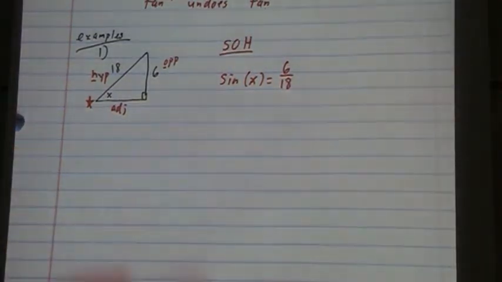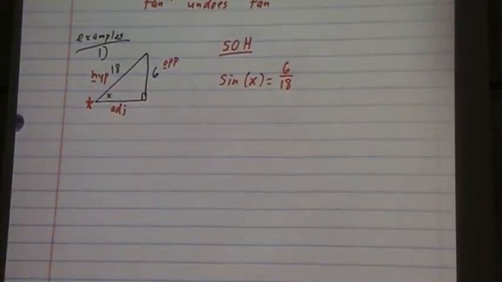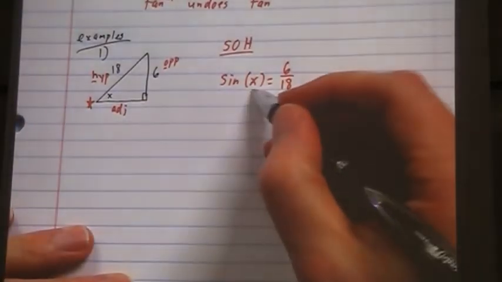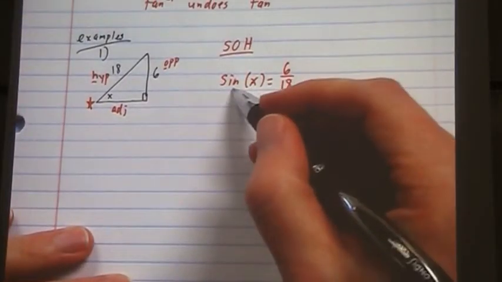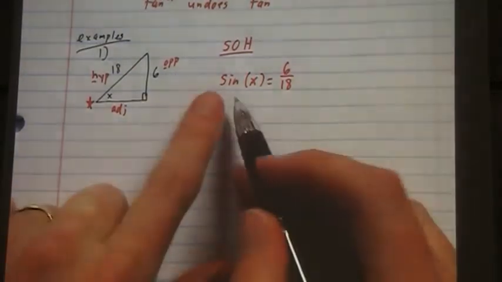Okay. Now I recommend leaving that as a fraction. You could reduce it to 0.3 repeating, but the problem's going to work easier if you leave it as a fraction, because what you need to do is get your x by itself. Well, you got this sine acting on it. And how this looks, you might be like, well, I'm going to divide both sides by sine. That's not how you can do it, okay? Because this is the sine of x.